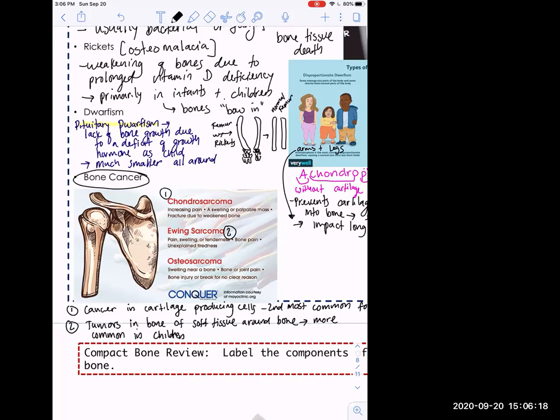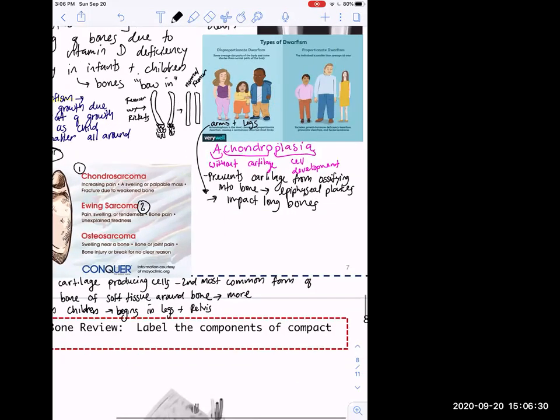It often begins in legs and pelvis. It can be kind of aggressive, and bones of the pelvis, which we'll learn next week in lab. But if it's left unchecked, it can metastasize or spread into places like your lungs or bone marrow.